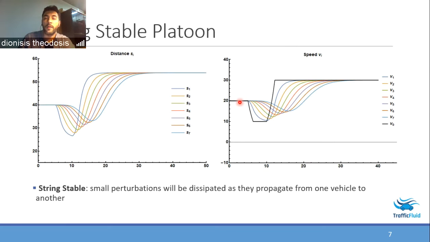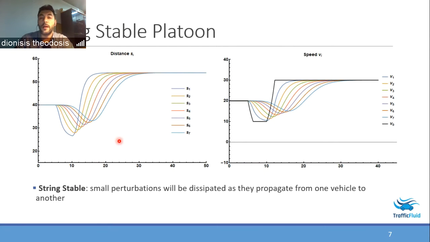We see here that for the same scenario, the leading vehicle with a black line decelerates and accelerates again, and we see that this disturbance is dissipated along the string of vehicles. The same also holds for the distances of the vehicles. But the issue here is that string stability does not imply safety.